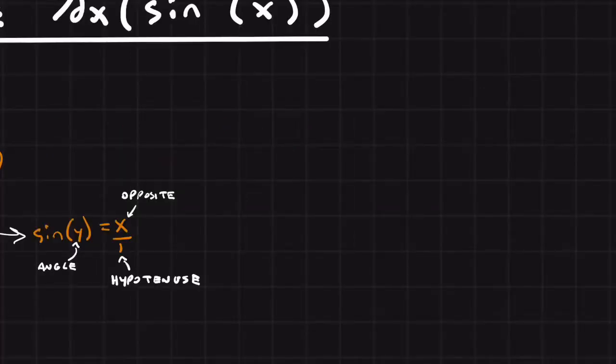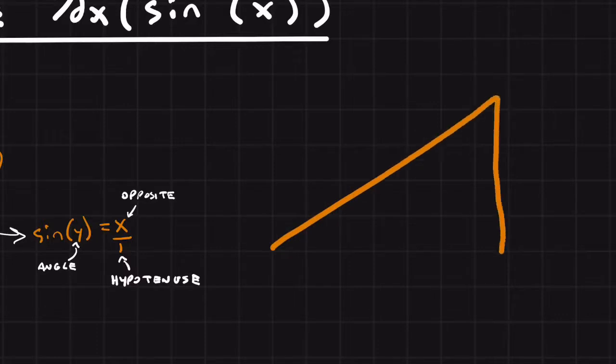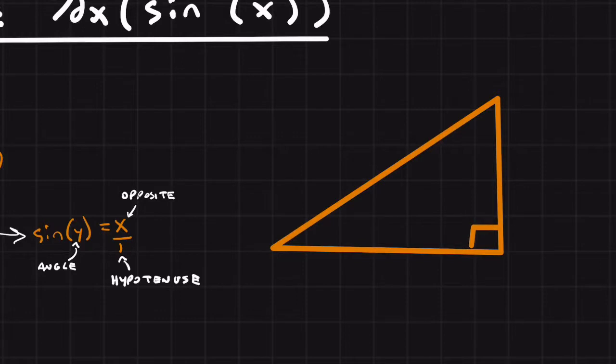So let's make a right triangle out of that. Our angle is y, so I'll place that here on the left. We defined x to be the opposite side, so that will go on the opposite side from the angle y. And the hypotenuse is the denominator, and that was 1.